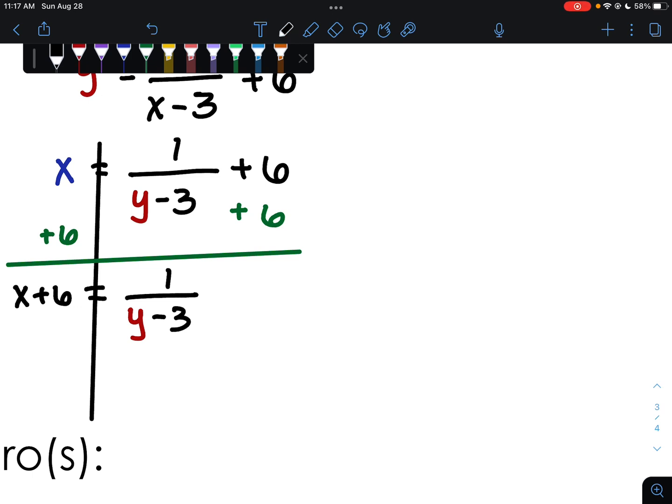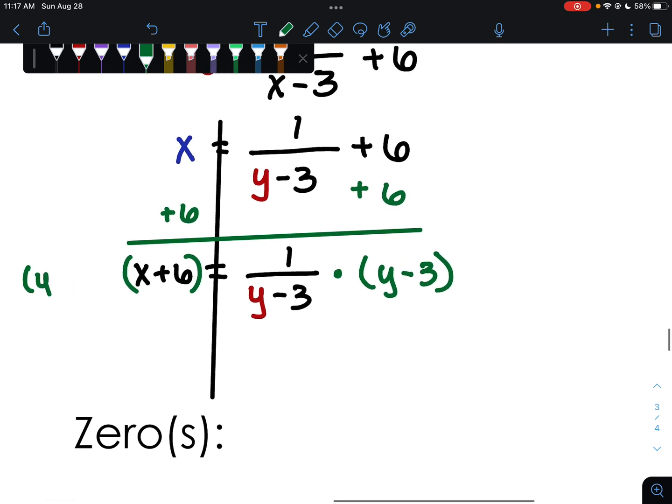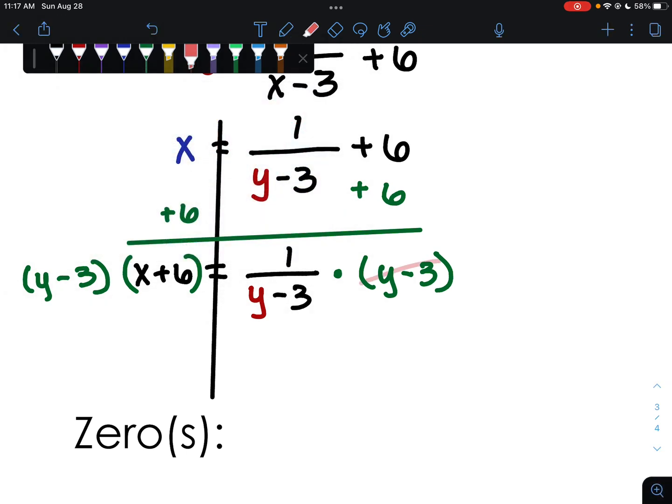I need to get that y minus 3 out of the denominator. So to do so, I'm going to multiply both sides by y minus 3. But when we do that, I need to make sure that goes in parentheses, and I do y minus 3 like this. So what happens is this cancels out that, and it leaves me with y minus 3 times x plus 6 equals 1.